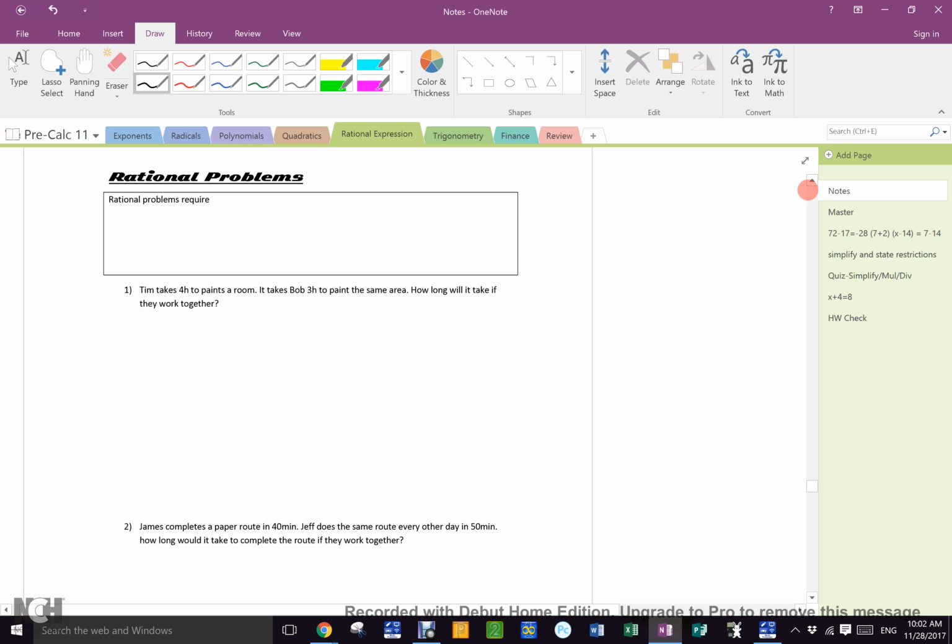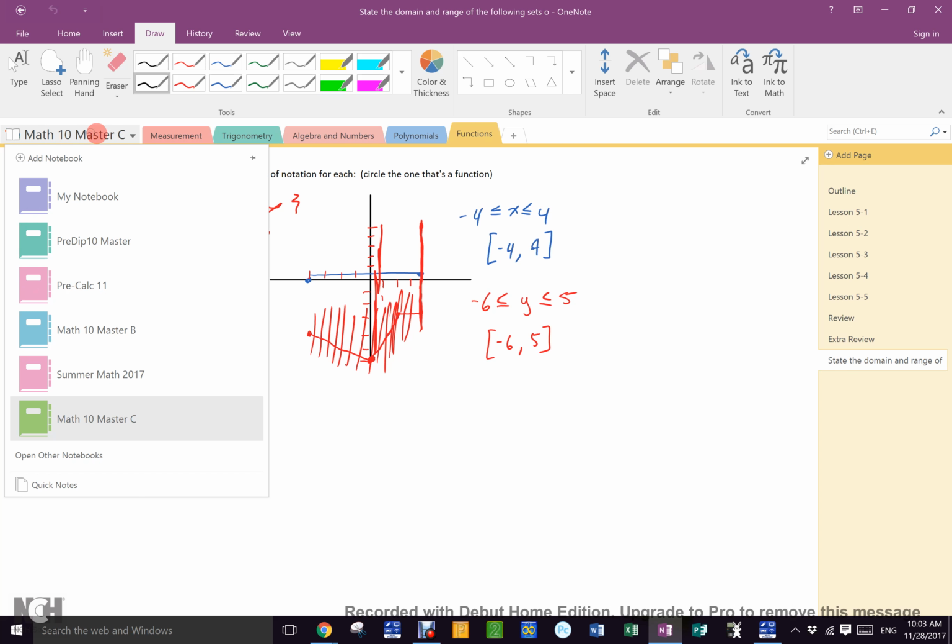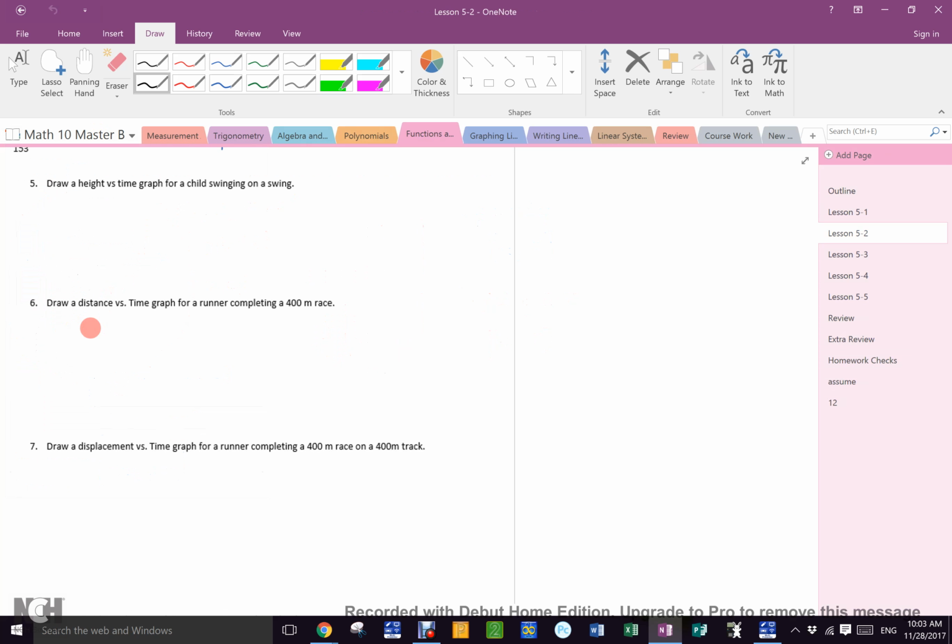Now, to do a word problem, if you have been in my class in the past, especially in grade 10, you already know the 4 steps you need to solve every word problem. If you don't believe me, I could show you because I have it right here.